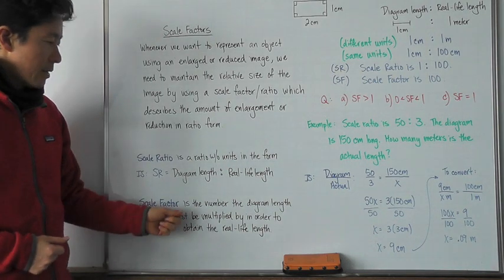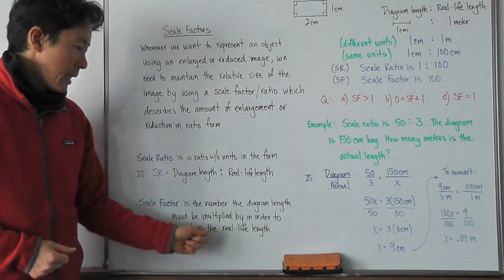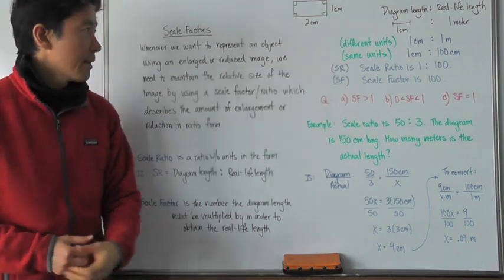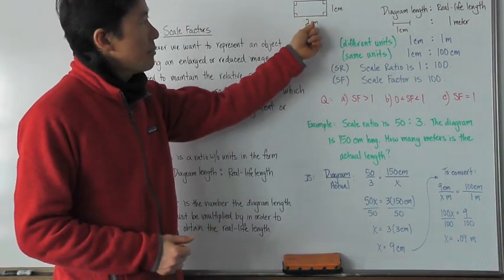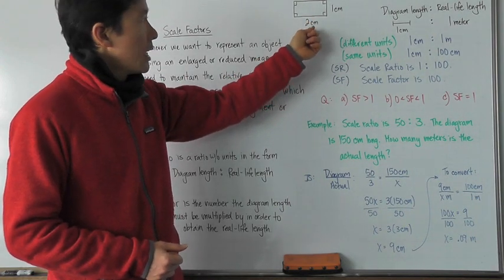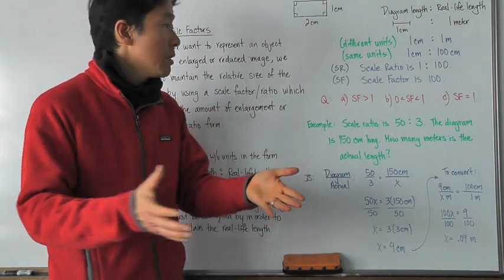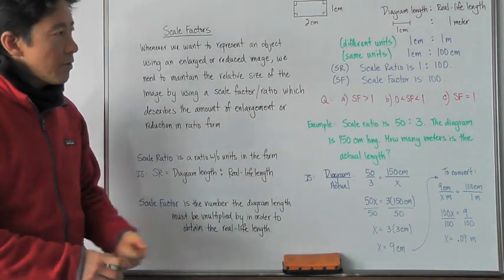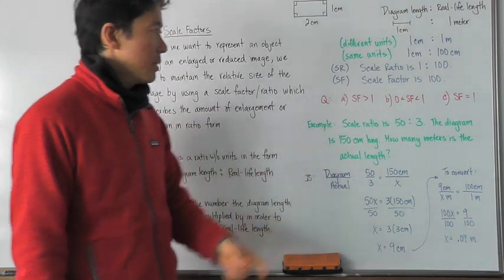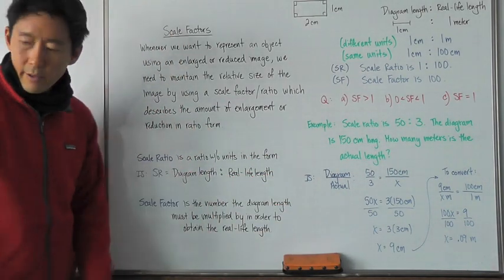Now, the scale factor, how do we go about determining the scale factor? Remember, the scale factor is the number the diagram length must be multiplied by in order to obtain the real life length. So if this is 2 centimeters, then I need to multiply that by 100 in order to get 200 centimeters, which represents the actual length of 2 meters. So the scale factor is really going to be the real life length divided by the diagram length.